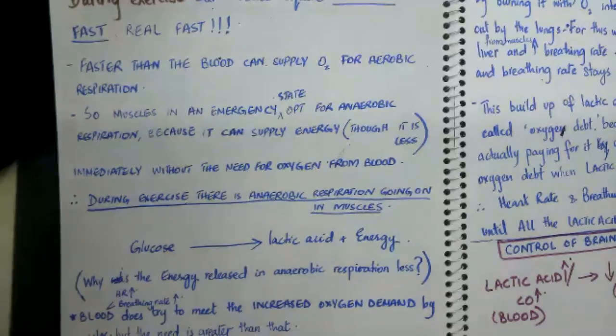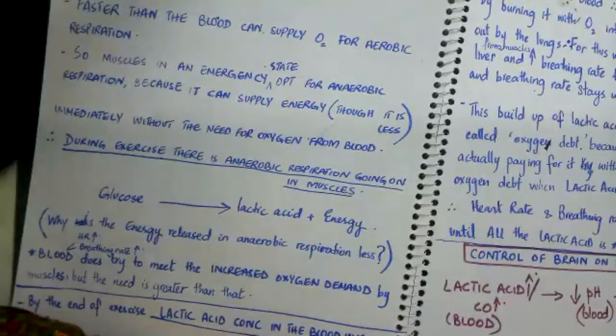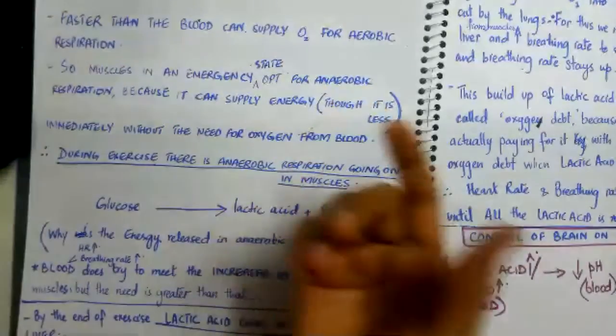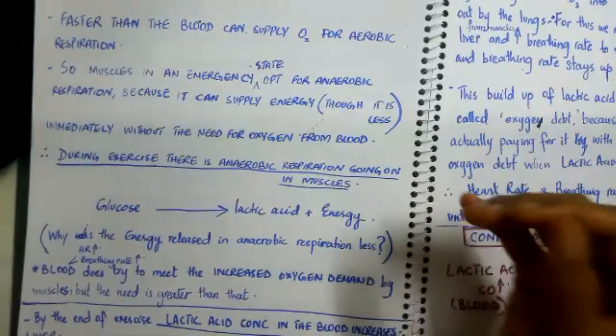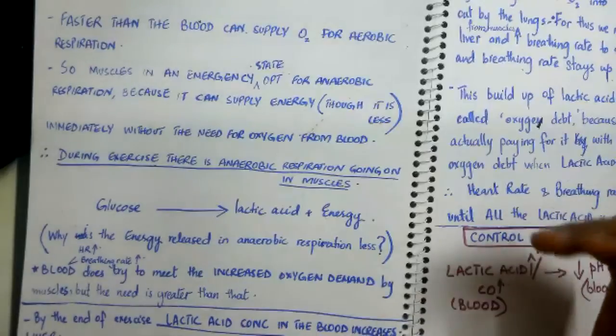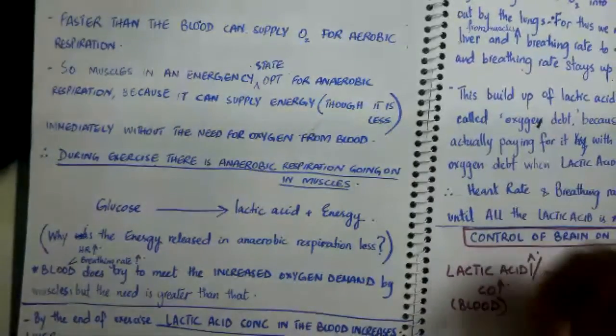So that's exactly my question. Because of the ATP, less ATP. But what is ATP? ATP is just a currency of energy, that's all. It is the form in which the energy can be used by our body.